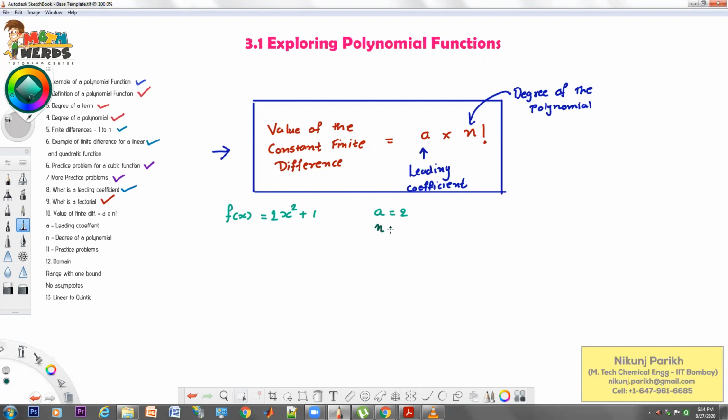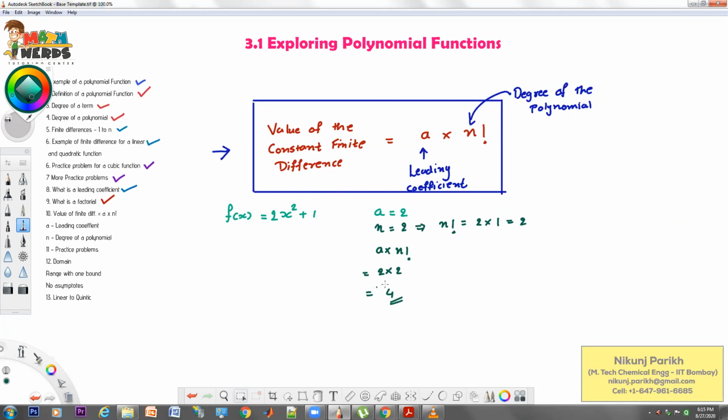So n equals 2, which means n factorial equals 2 times 1, which equals 2. So my value of the constant finite difference has to be a times n factorial. That is equal to 2 times 2, which is equal to 4. So this must be the value of the constant finite difference.